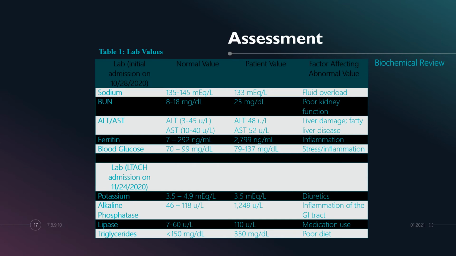The next lab value that was slightly elevated was the lipase. We usually see high levels of lipase in individuals who are having pancreatitis or some other type of pancreatic disease. Again, I did do some research on this, and I did find that it is very common for individuals who have Crohn's disease to be at a much higher risk for developing acute pancreatitis, just because of the overall inflammation that's happening.